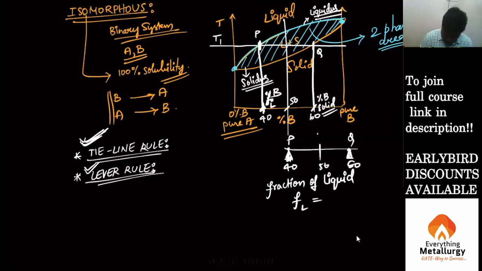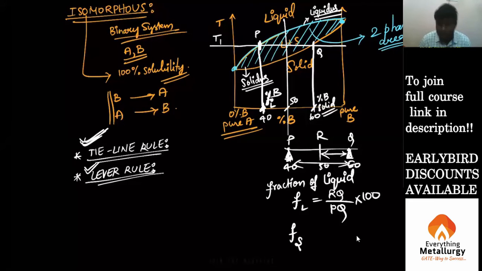If I mark this point as R, it asks to take the length of the opposite lever, that is RQ, divided by the total length of the lever, that is PQ, RQ by PQ, of course into 100 for percentage. Similarly, for the fraction of solid, again taking the opposite lever, that is PR, divided by the total PQ into 100. So this is what you do for the fractions.